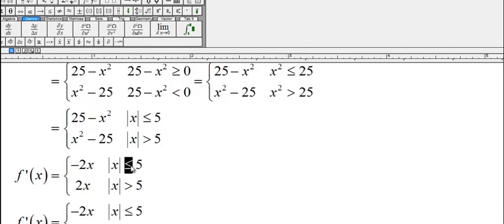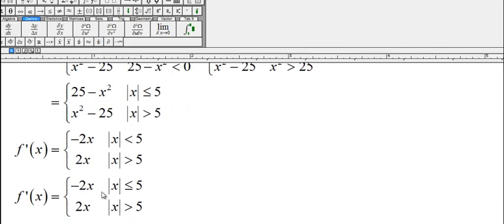So actually, the original function has a sharp corner there. So the derivative is actually undefined at absolute value of x equals 5, at 5 and negative 5. We'll see this when we look at the graph in a minute. So this should be strictly less than. And the derivative here is negative 2, and this is 2.